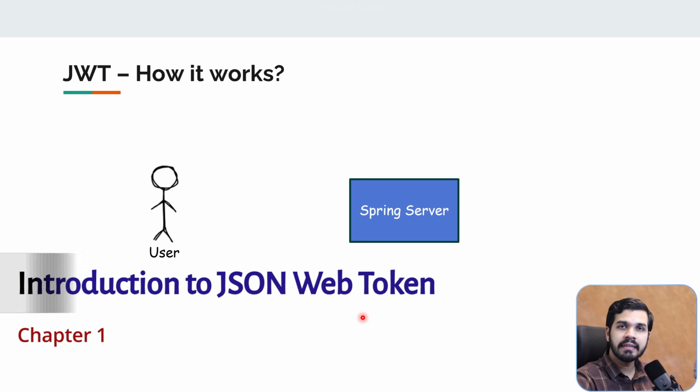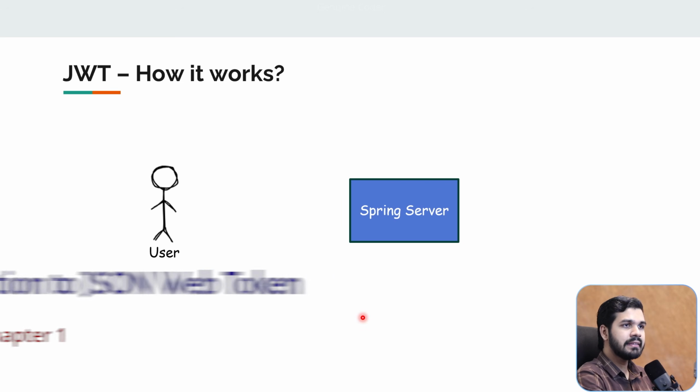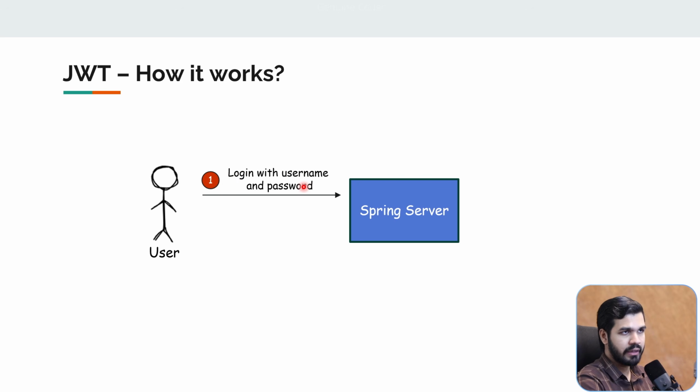Let us first understand the basic idea of JWT. So here you can see there is a user and a Spring server or Spring Boot server. And the first thing the user will do is log in with a username and password. So the user will have a username and password issued to them, and they will use that username and password and make a login request.